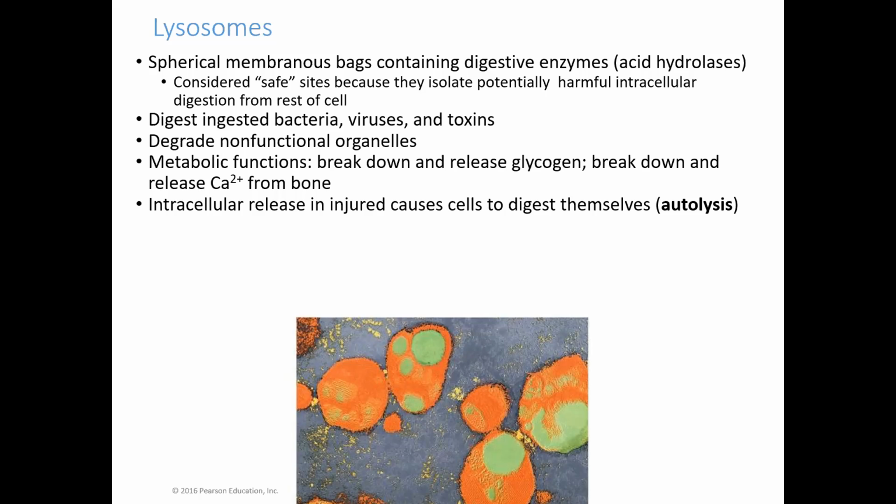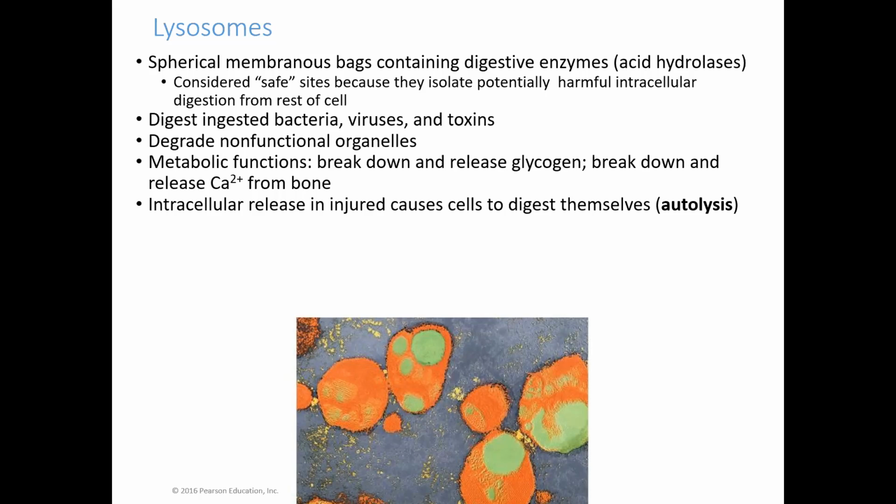So we keep it inside its own little acid-proof vesicle. The only time we use this is when the cell eats a virus or a bacteria or a cell fragment, and it decides, okay, I'm going to fuse my lysosome with the vesicle, the cell fragments in, and it can dissolve it. That's what it does.